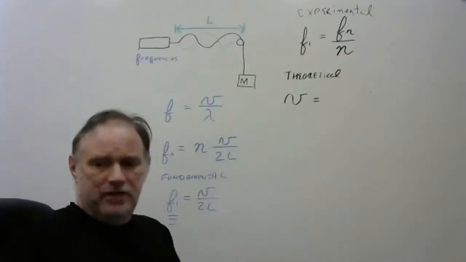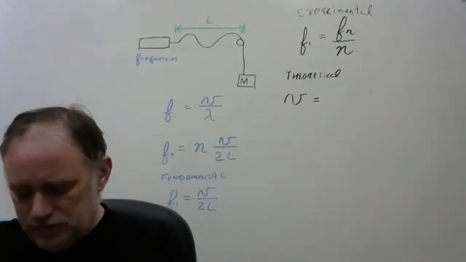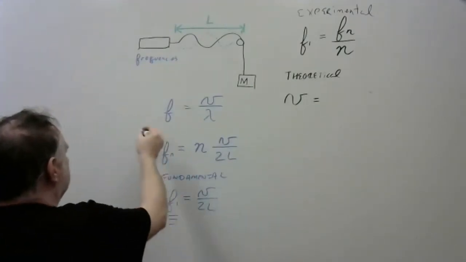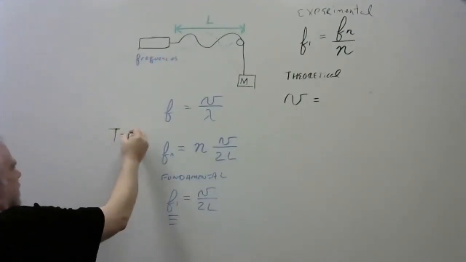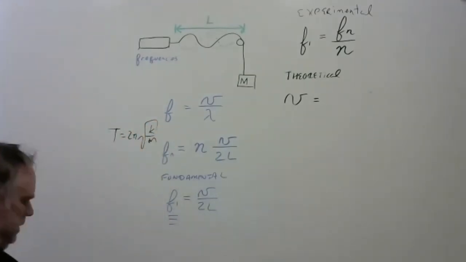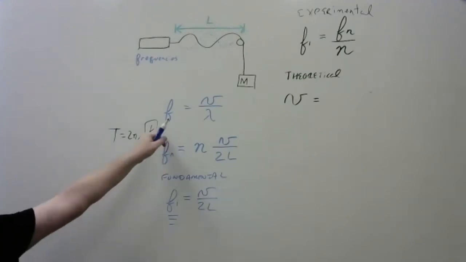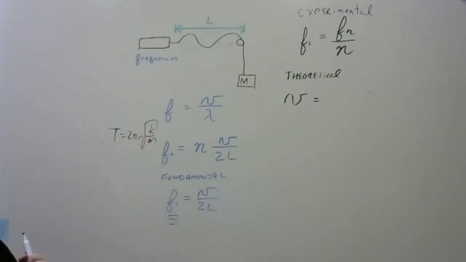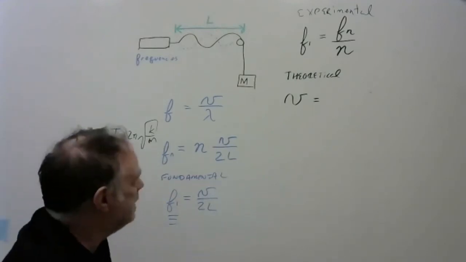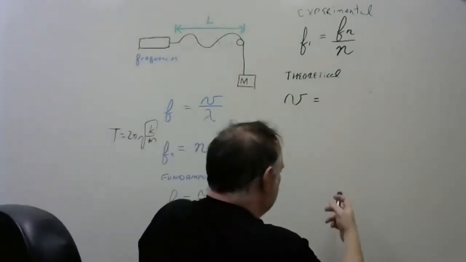So if you think about the spring lab that we did, remember the spring lab had the period being 2 pi square root of m over k. In other words, k is kind of the force of the spring. It would tend to make it go faster. The mass, of course, of the spring would tend to make it go slower. So in this case, we have sort of that.